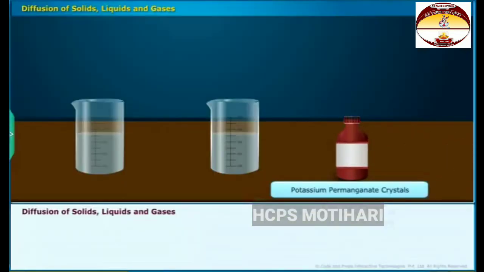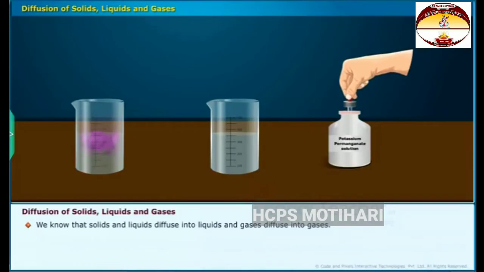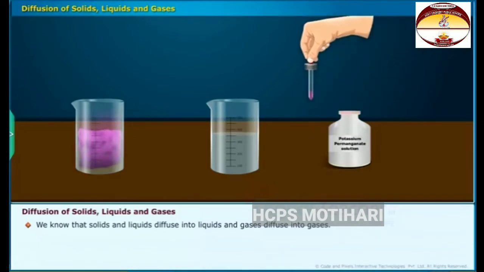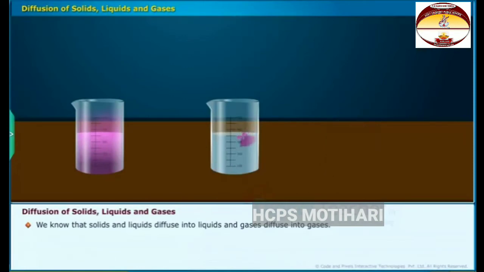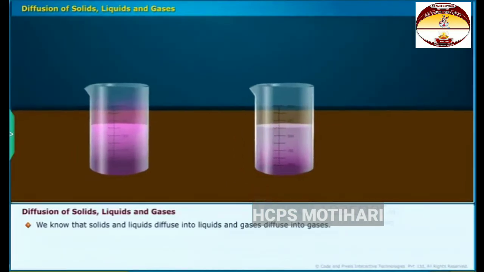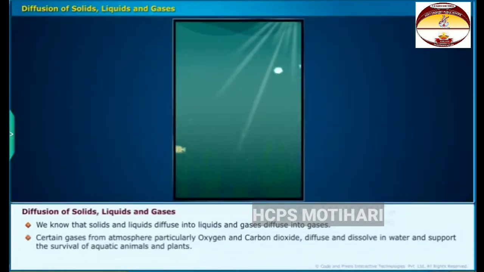Let us know about the diffusion of solids, liquids and gases. We know that solids and liquids diffuse into liquids and gases diffuse into gases. Certain gases from atmosphere, particularly oxygen and carbon dioxide, diffuse and dissolve in water and support the survival of aquatic animals and plants.